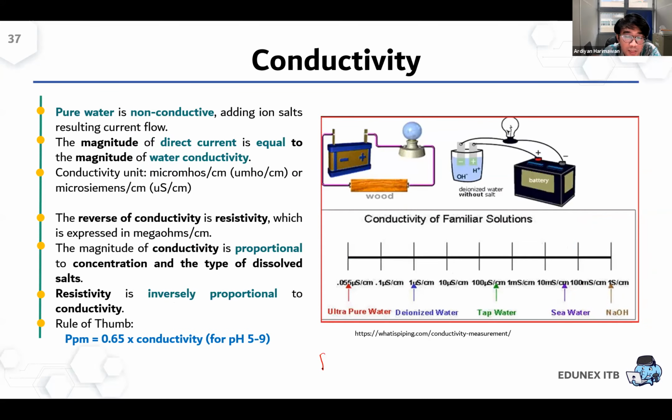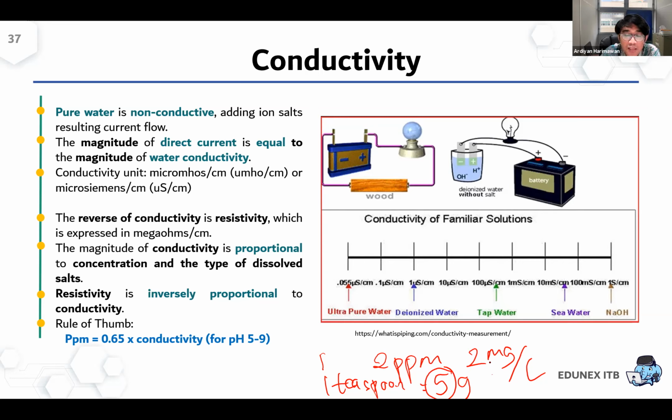Jadi dalam 1 liter, garamnya itu maksimal 2 miligram. 2 miligram itu sebanyak apa atau sesedikit apa? 1 teaspoon. How much is 1 teaspoon? 5 gram. Sendok teh ya, bukan sendok makan. The teaspoon, the small one, is 5 gram.